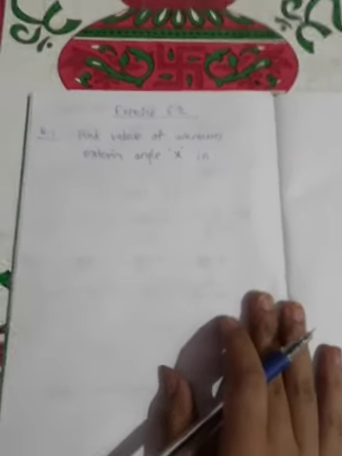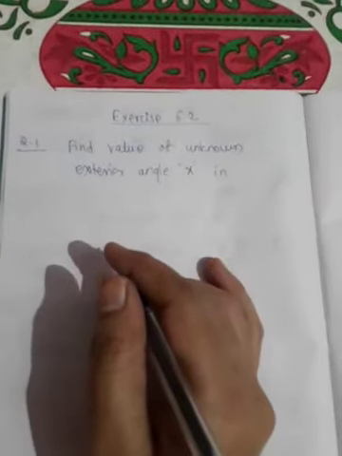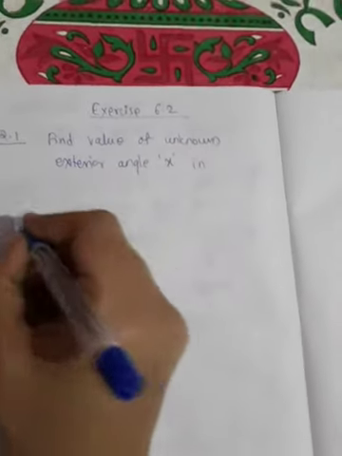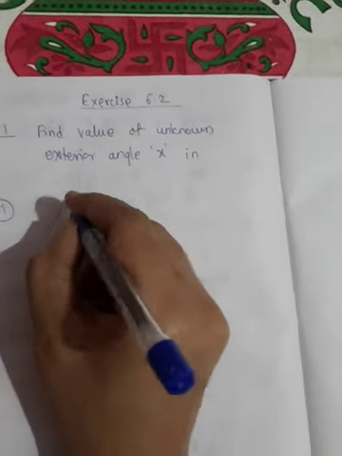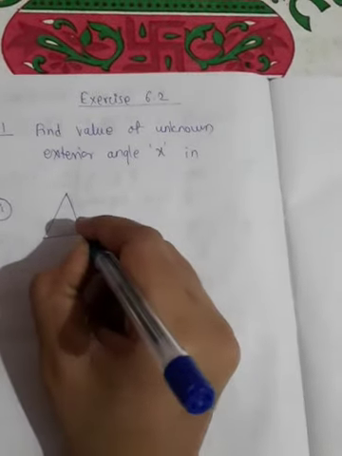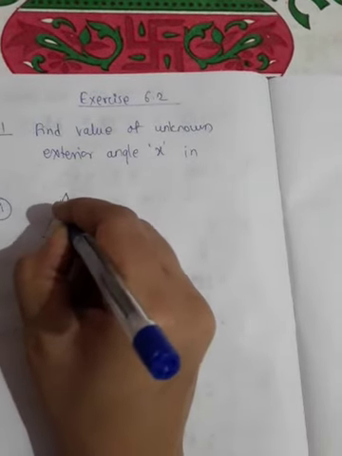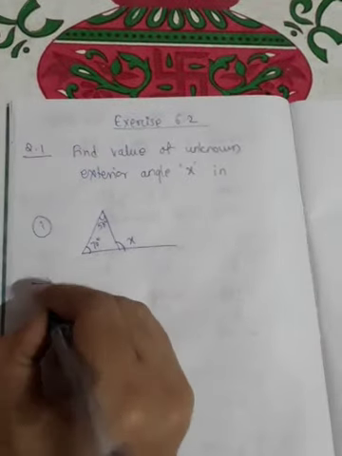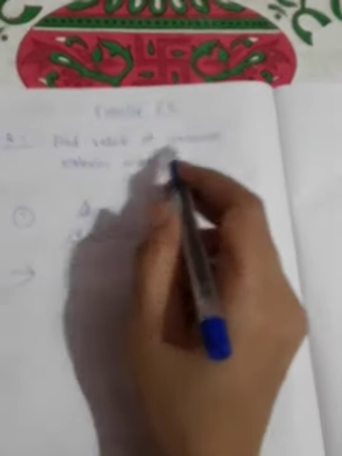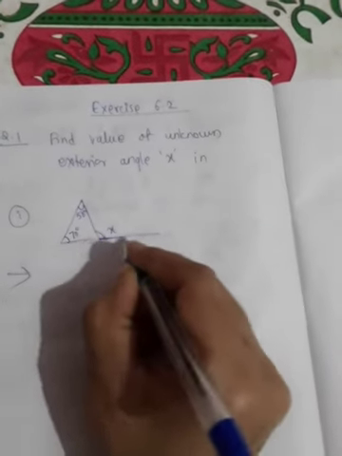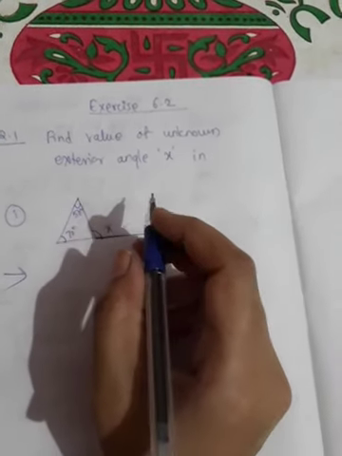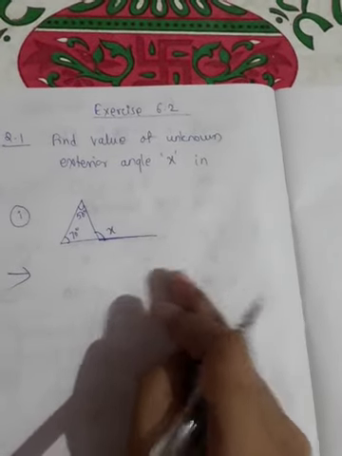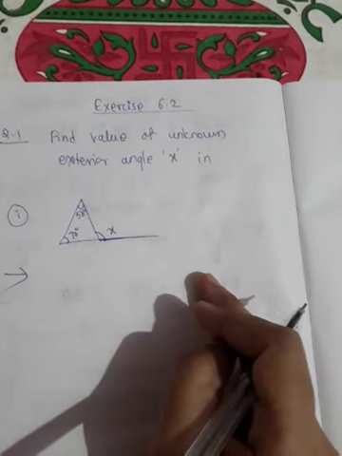Okay, so here we have given 6 diagrams and we have to find value of unknown exterior angle x. So now see, first diagram. Here we will use the exterior angle property, that is, measure of exterior angle is equal to sum of its interior opposite angles.